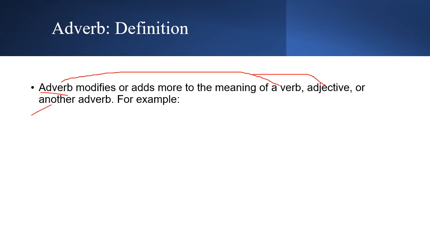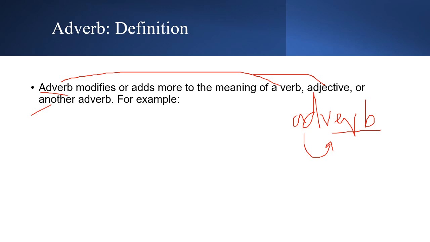As its name makes clear, it is "add" and then "verb". This is the most common use of an adverb. The "add" should be taken as ADD, which means addition. So an adverb is a word that adds more meaning to a verb.